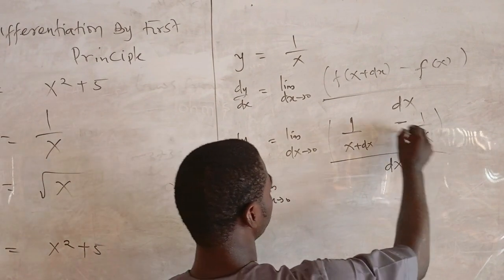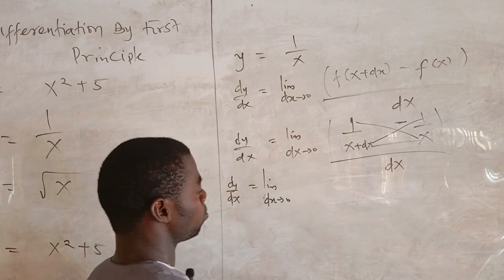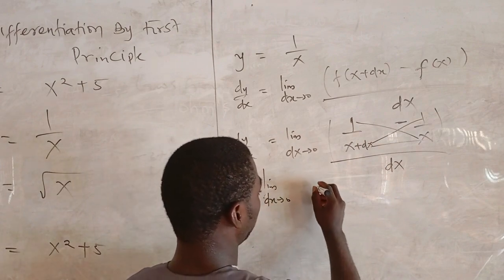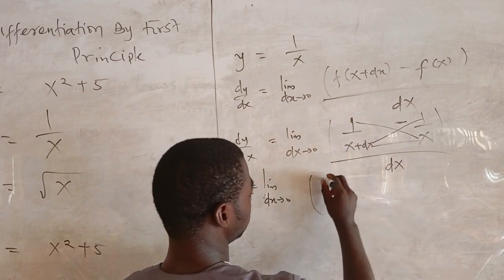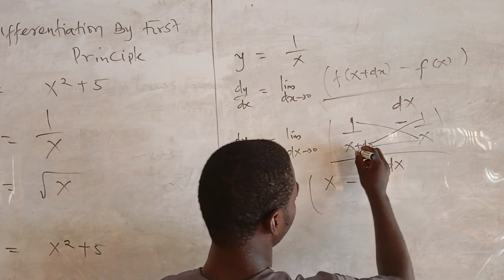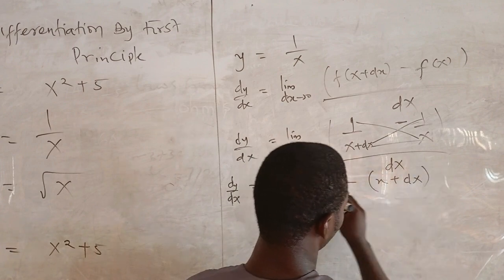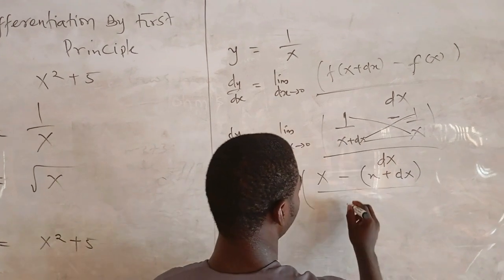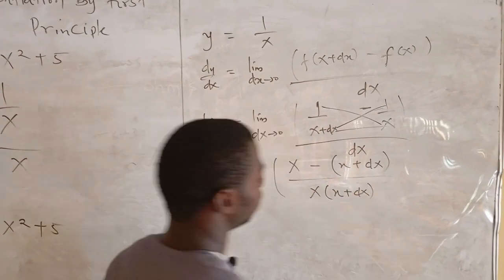Okay, so we have this times this divided by this. So by so doing, we have x times 1 is x minus x plus dx, divided by x times x plus dx, right?